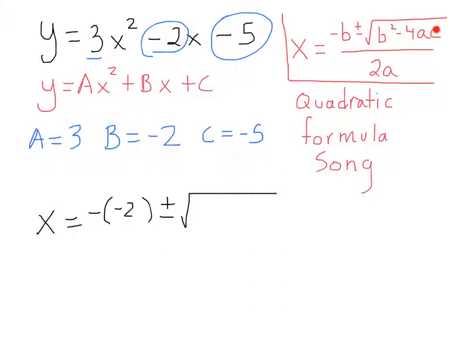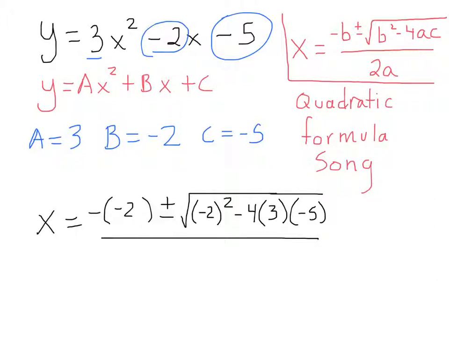All this under the radical is called the discriminant. Say it out loud, the discriminant. So it says b squared, so I take whatever b is, negative 2 squared, minus 4 times whatever a is, which is 3, times whatever c is, which is negative 5. And that's all divided by 2 times a. 2 times an a is 3.